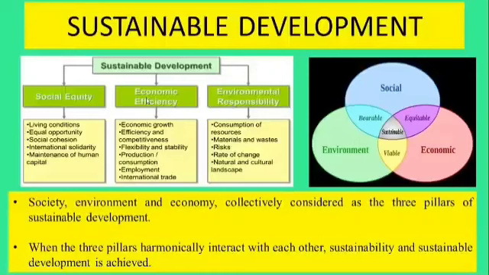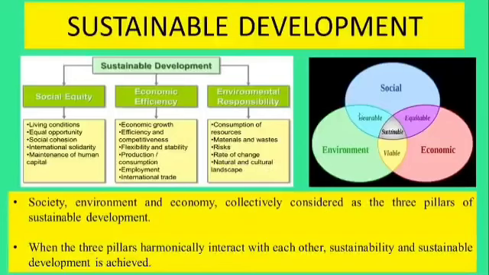So no doubt we will follow economic growth, we will also think in terms of upliftment of people, but at the same time, we also have to think about environmental responsibility. So the consumption of resources should be such that no resource is wasted. We need to make available these resources for our next generation as well. We need to minimize waste. We need to minimize risk. Also, we need to think about how our natural and cultural landscape could be maintained.